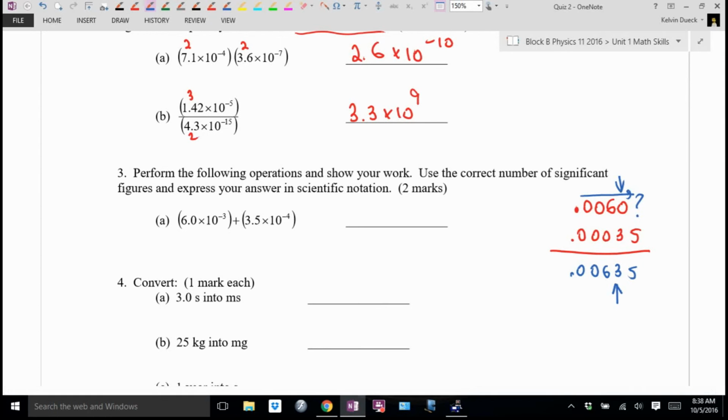What's the 3 going to become? A 3 or a 4? So I'm going to get 0.0064. Final answer, 6.4 times 10 to the -3. For 2 marks, I'll give you 1 mark for the 6.4 and 1 mark for the 10 to the -3.